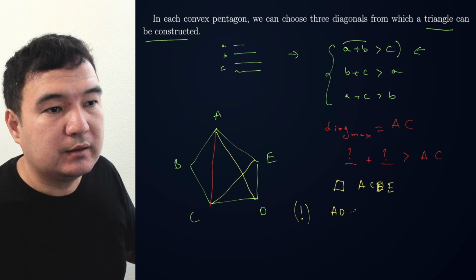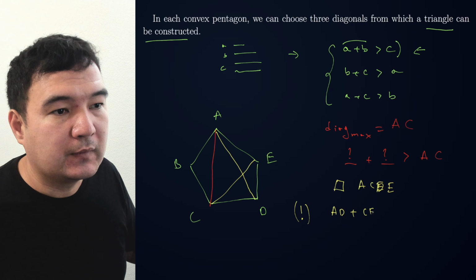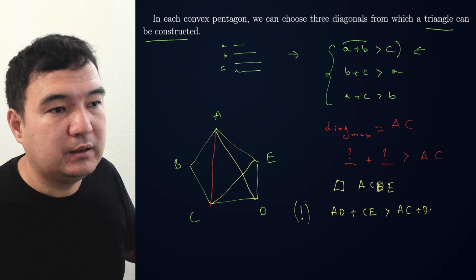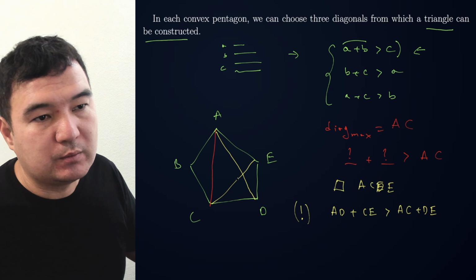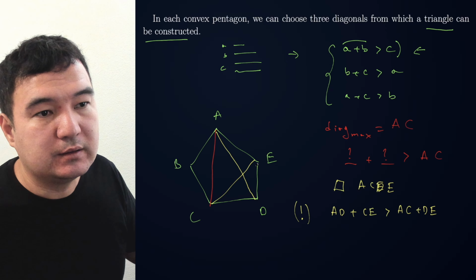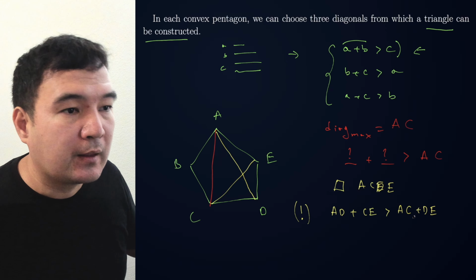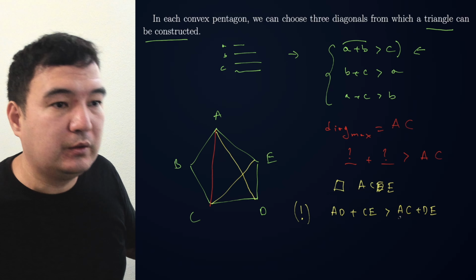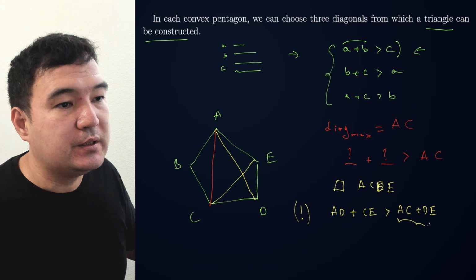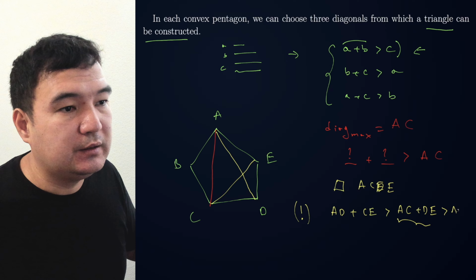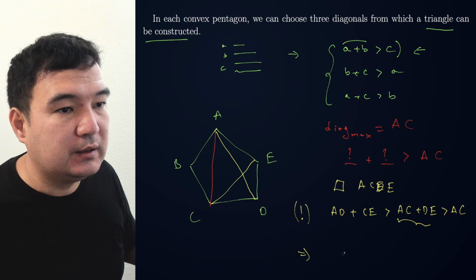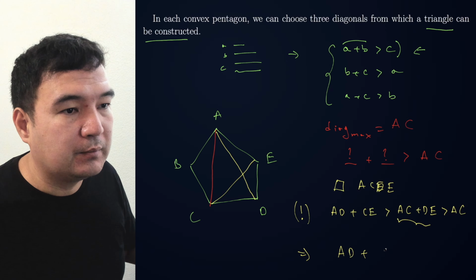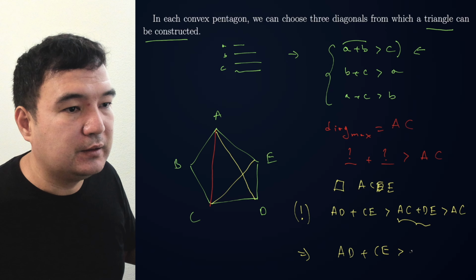The sum of diagonals, AD plus CE, is greater than the sum of the sides AC plus DE. This is easy to prove, and this expression is obviously greater than AC. So now we can see that AD plus CE is greater than AC.